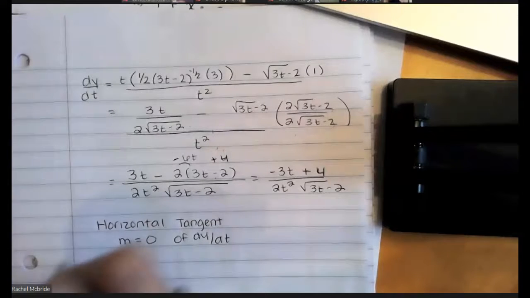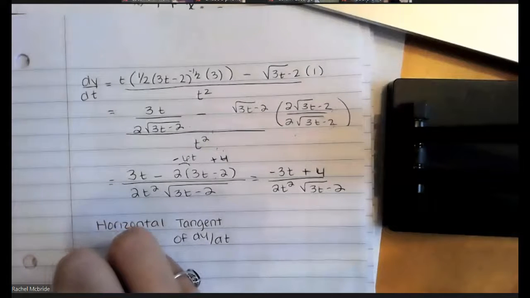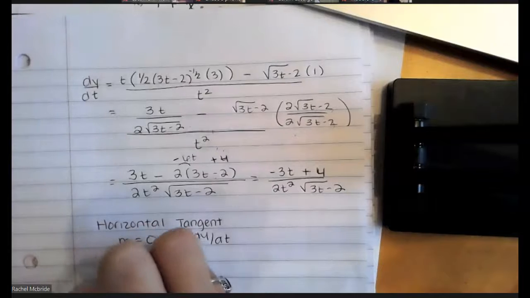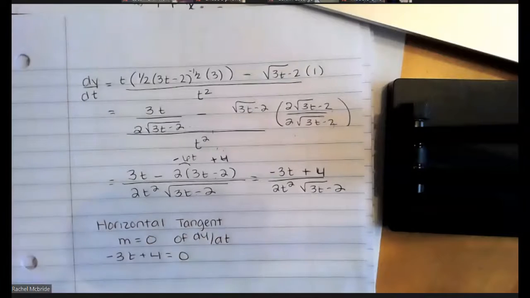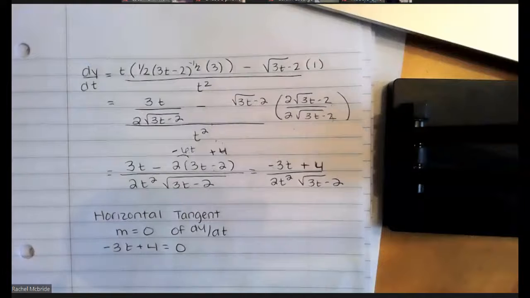And that's only coming from the numerator. So horizontal tangent is going to come from the numerator set equal to 0.